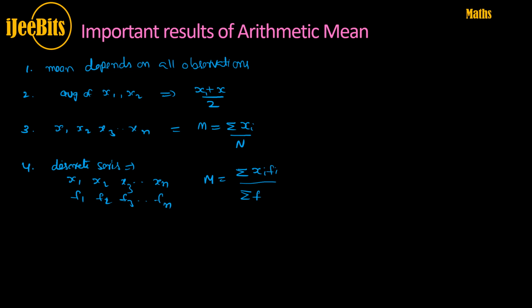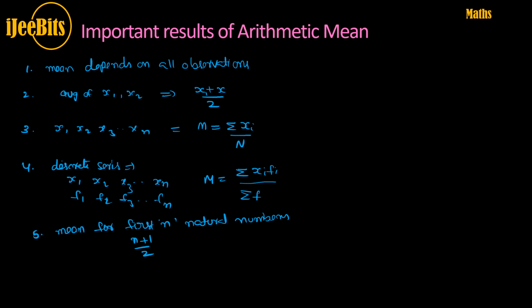Okay. What other things can we think of? If you have the first n natural numbers, the mean for the first n natural numbers has a shortcut value, n plus 1 by 2. This will give us the direct answer.